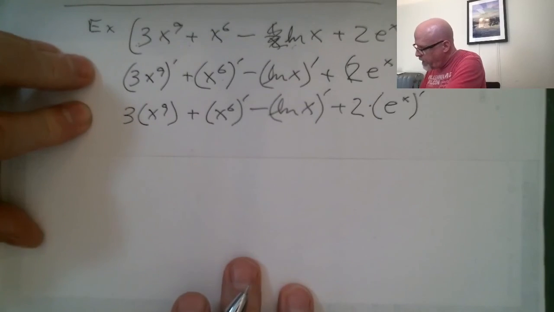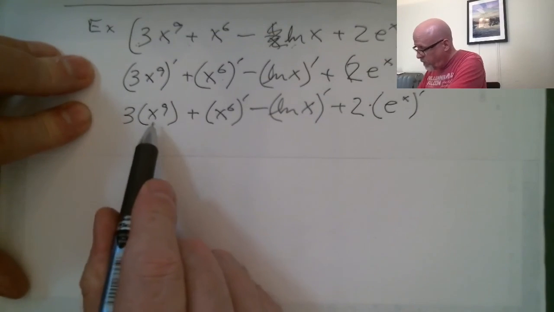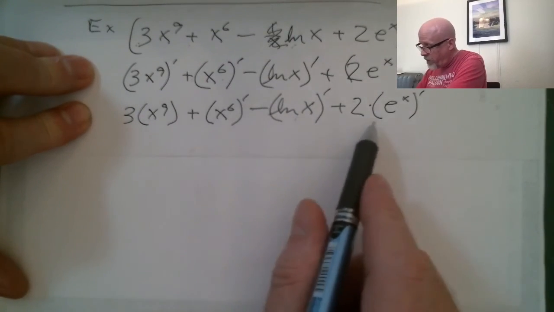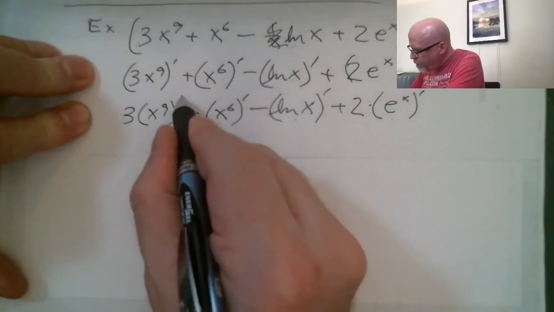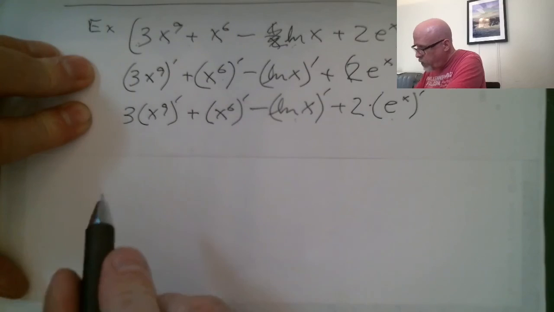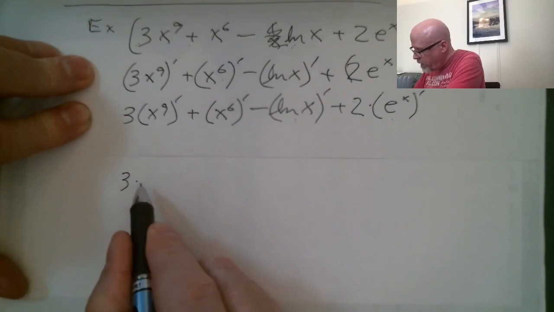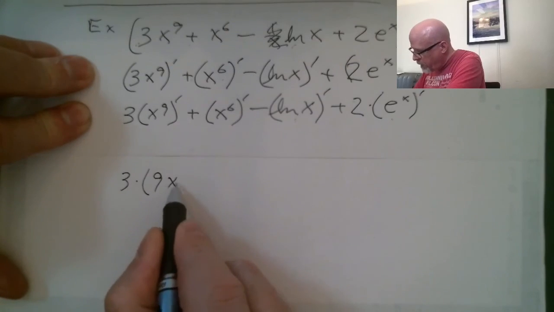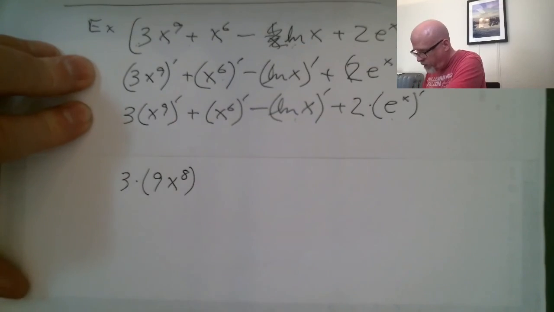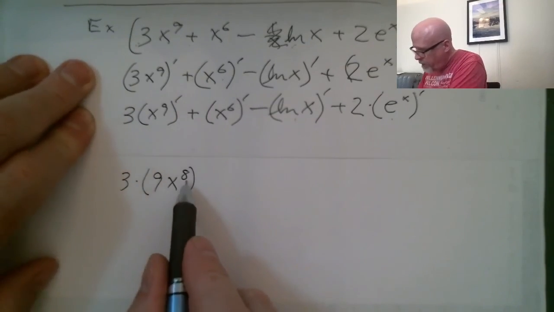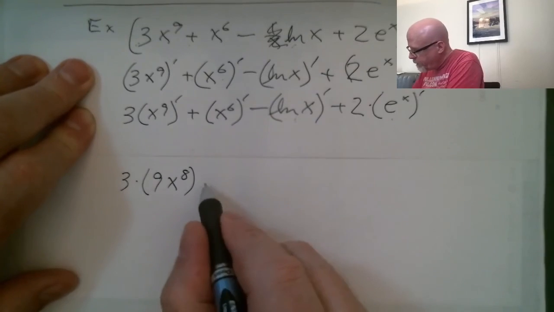All right, the next step is using either power rules or some of the other things I mentioned, e to the x and ln x. X to the 9's derivative is 9 times x to the 8. That is, remember, you take the exponent, stick it out front, and then reduce the exponent by 1.